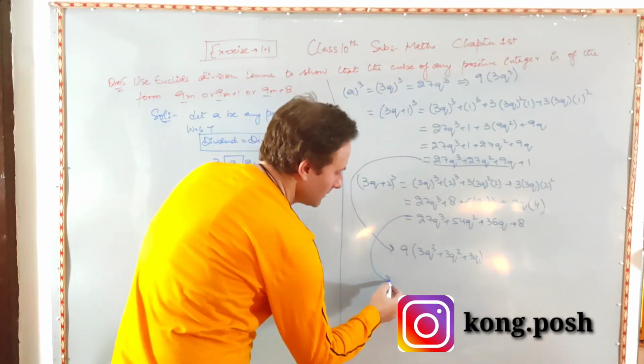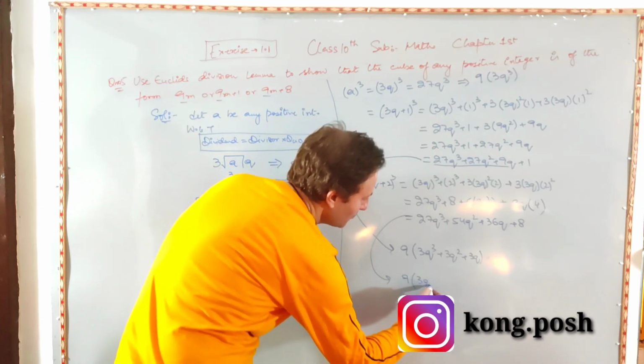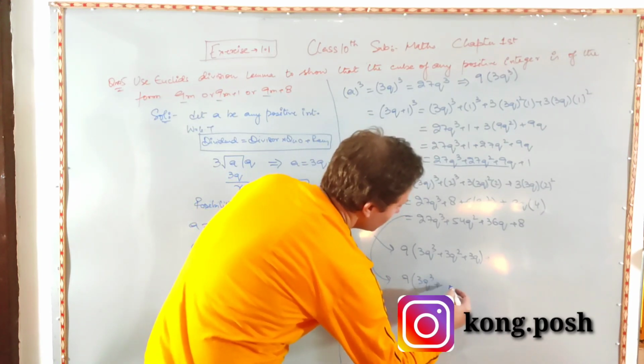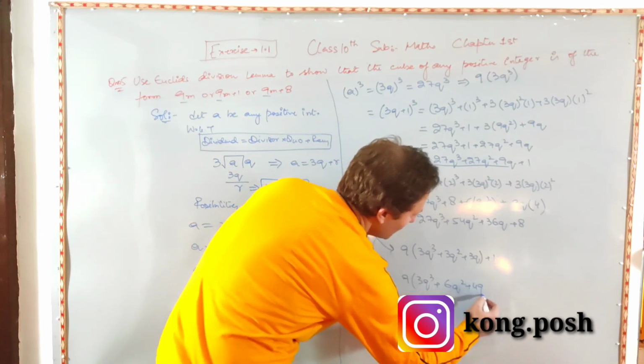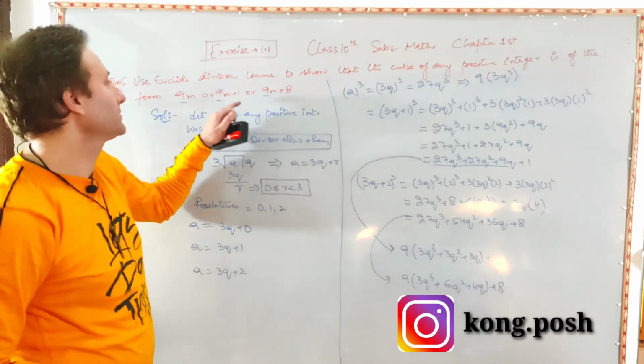And in this one, I'll take 9 common again: 3q cube plus 6q square plus 4q, plus 8.